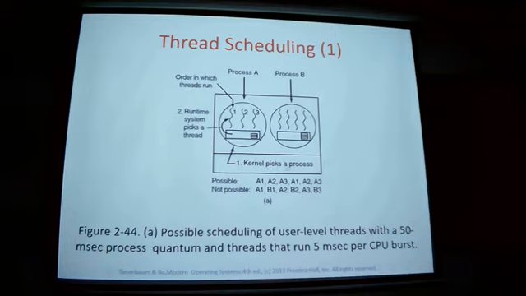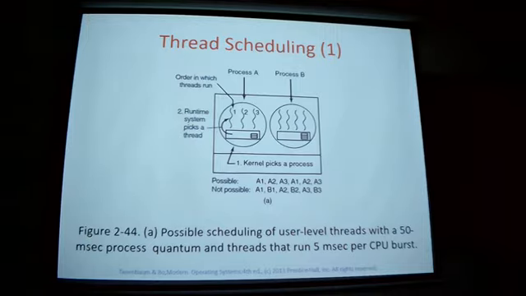So the kernel picks a process. The kernel can determine which process to run, maybe process A or process B. But it can't pick a thread.